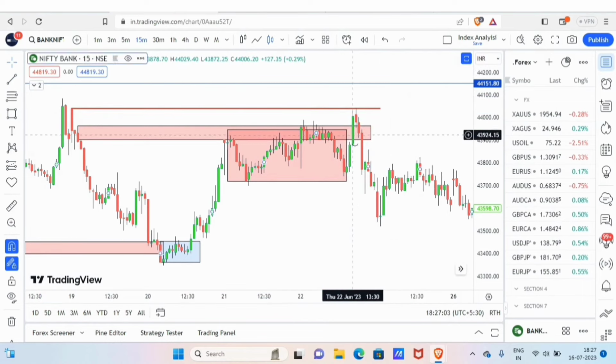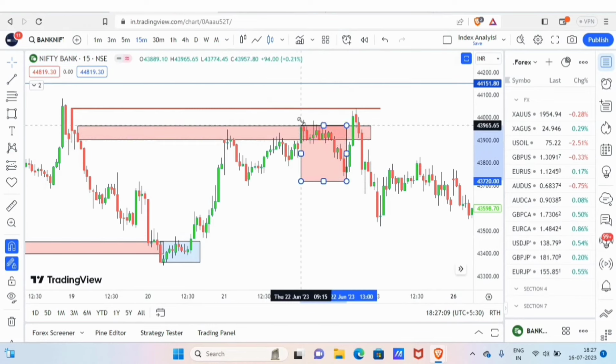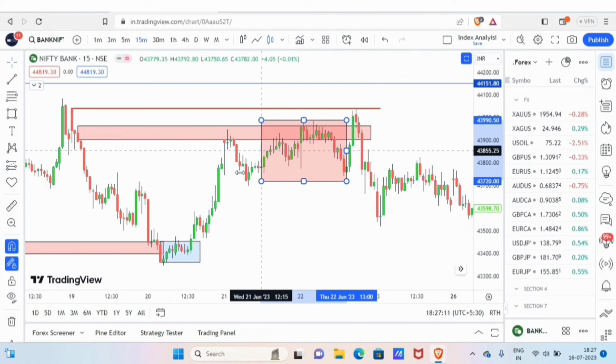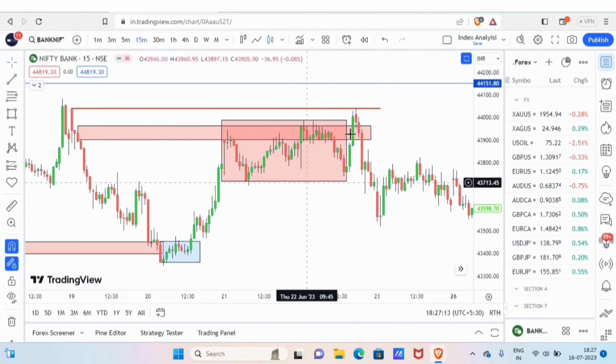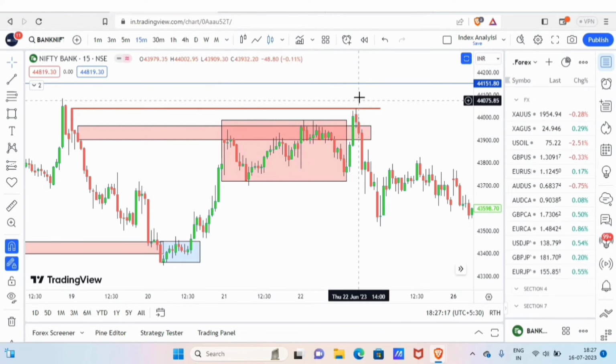So what has happened here, this was a breakout candle for this range bound market. This green color candle closed above this range, but there was no one more green color candle for the market to take it higher. Instead, what has happened, this is a rejection candle.